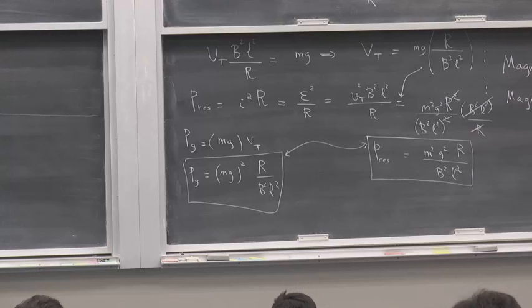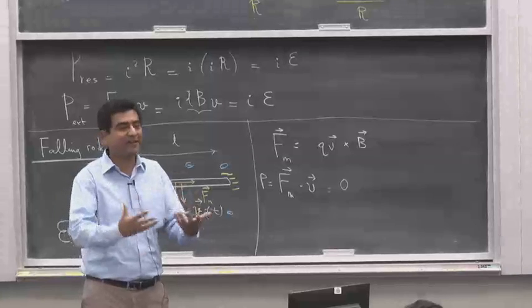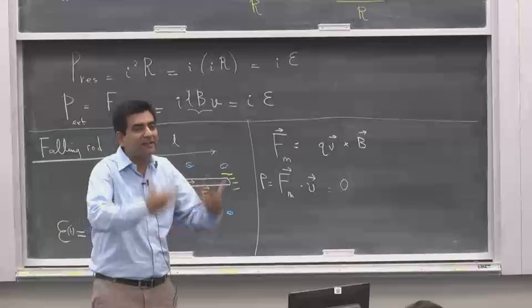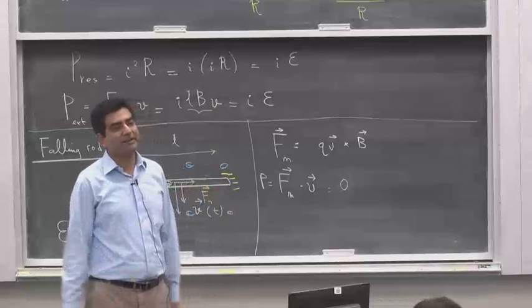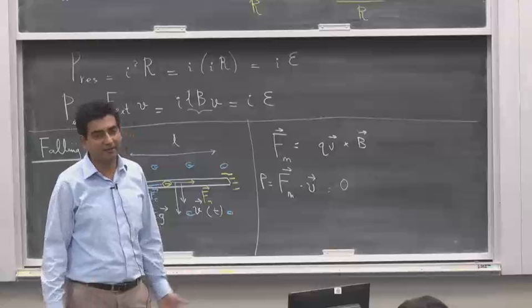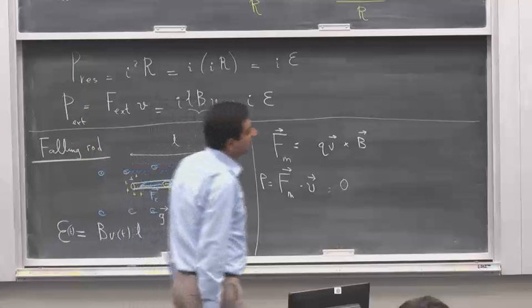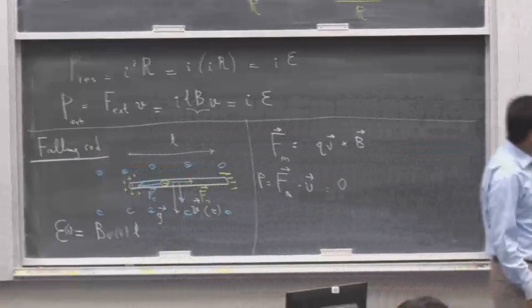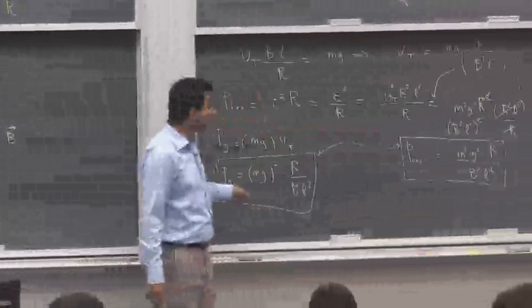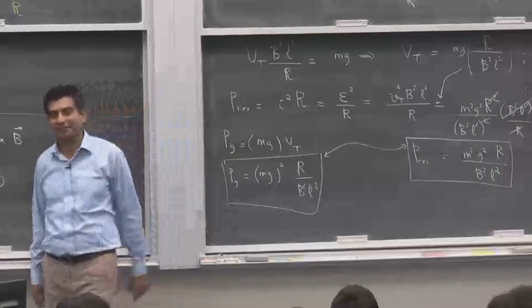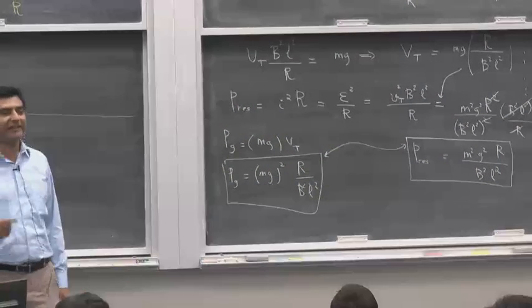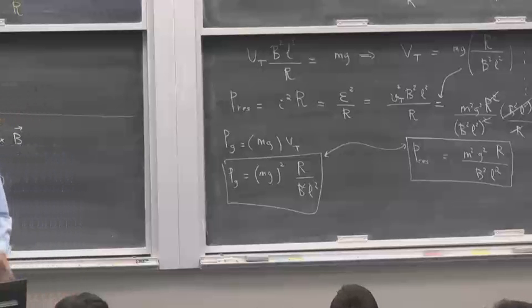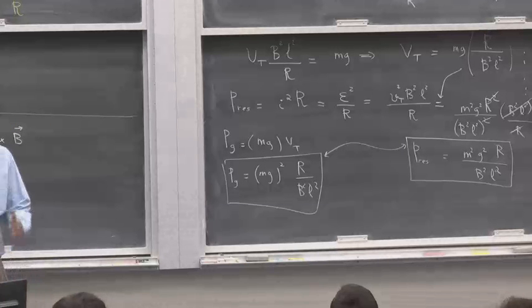It's transmitting energy from one form to another, but it's not participating in the energy. It's not delivering energy on its own. It's acting like a handmaiden, like a servant. So all of the power that is delivered to the resistor is coming solely from gravity. The magnetic field is just a springboard. It's just helping us along the way. It's just showing us the direction.